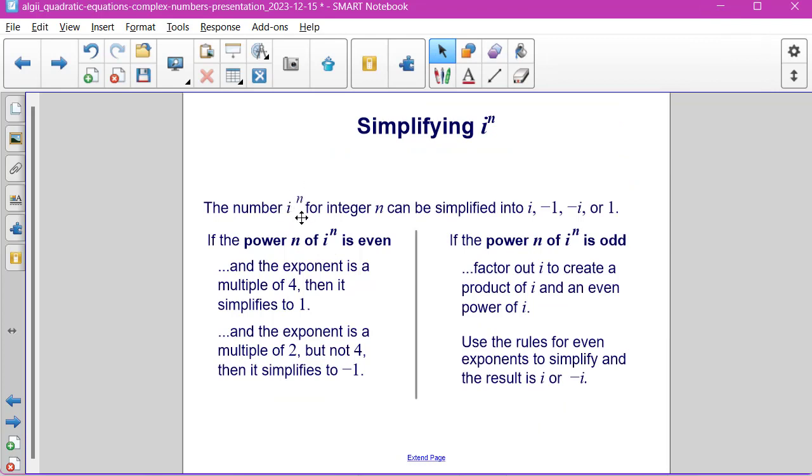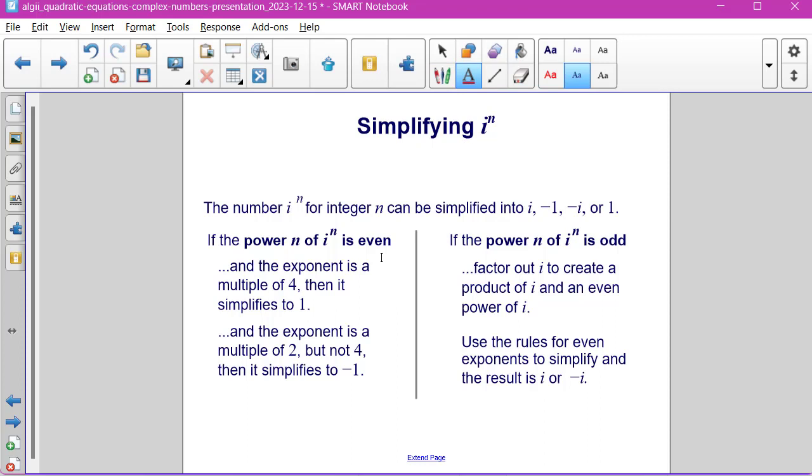The number i raised to the nth power for an integer n can be simplified into i, -1, -i, or +1, that we found as that pattern on the previous slide. If the exponent n is even and a multiple of 4, it will simplify to 1.